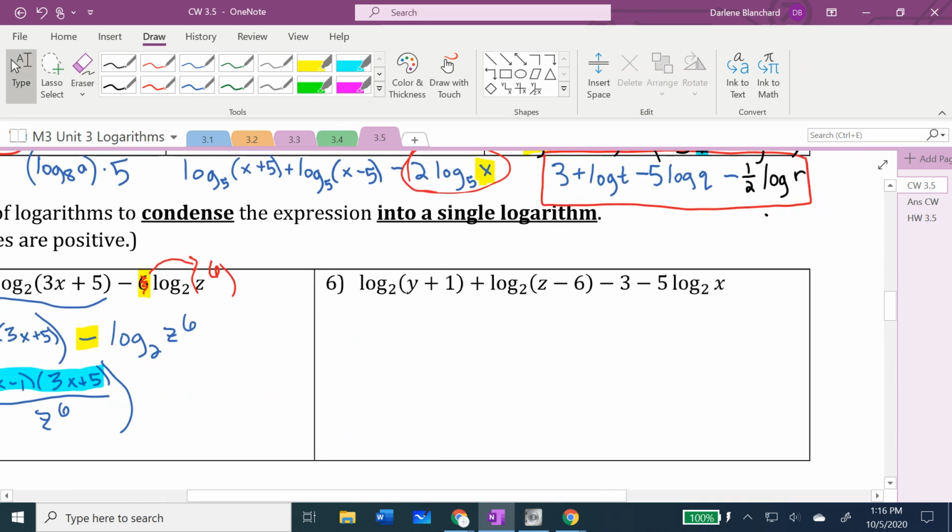And then one more example. Okay, one more example. Of course, got to make it harder, huh? Now, 5 is a constant multiple, but 3 is all on its own. If I have a number multiplied outside a logarithm, I can quickly bring it in.